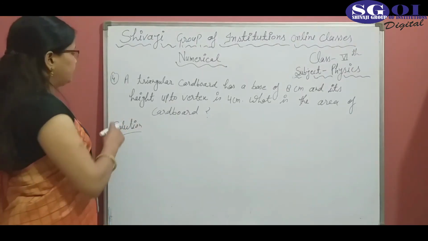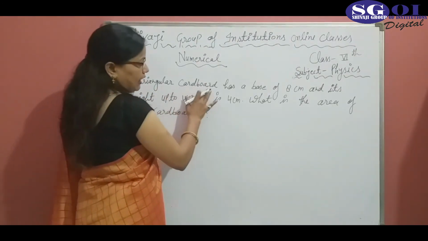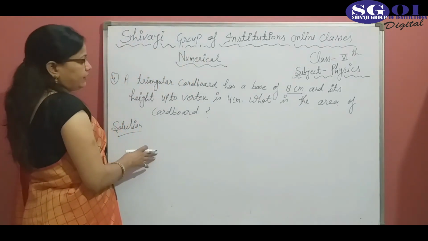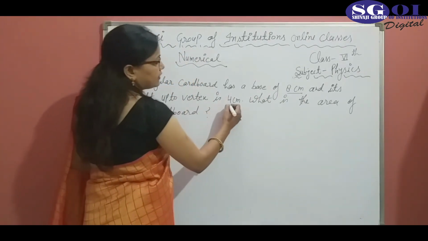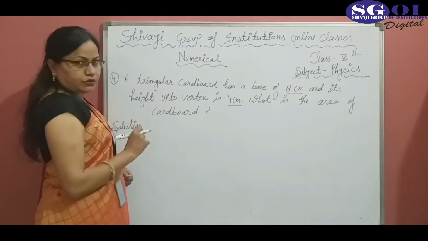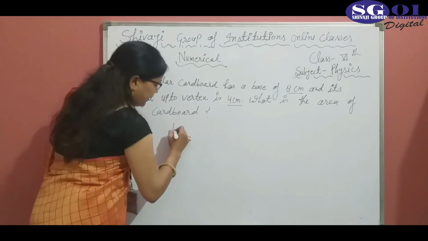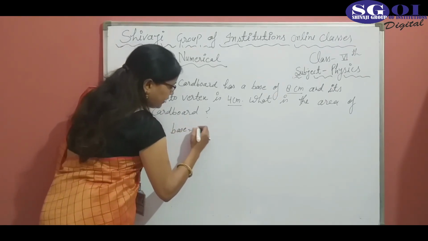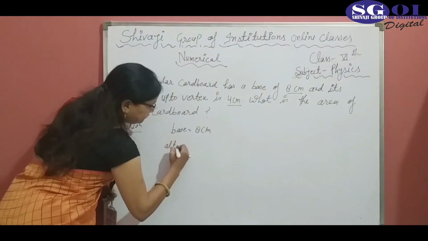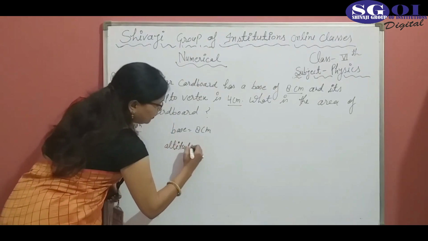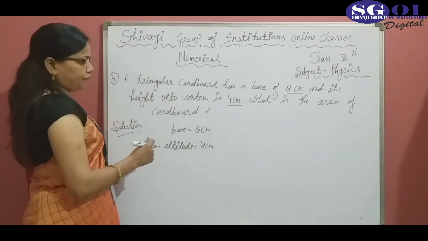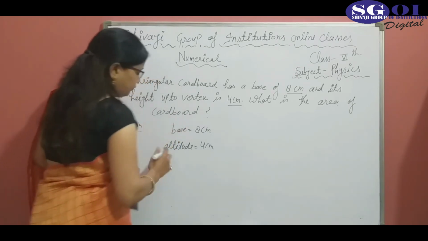Now student, numerical number 4. A triangular cardboard has a base of 8 centimeter and its height up to vertex is 4 centimeter. What is the area of cardboard? Student, in this question base is 8 centimeter and altitude is 4 centimeter and we have to find out area of cardboard.